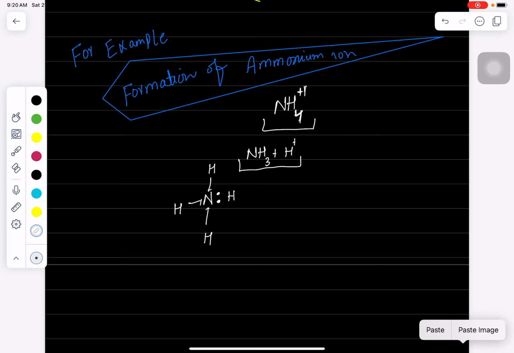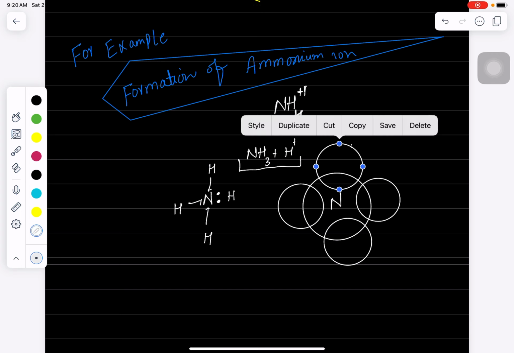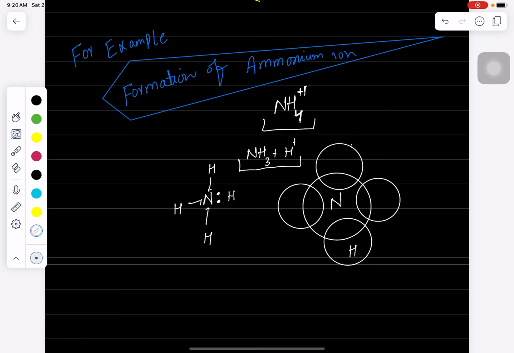If the examiner asks us to make the dot and cross diagram of the ammonium ion, it would be like this. N over here, and as you know, hydrogen, hydrogen, hydrogen, hydrogen. Here we have 1 electron from hydrogen and 1 electron from nitrogen.